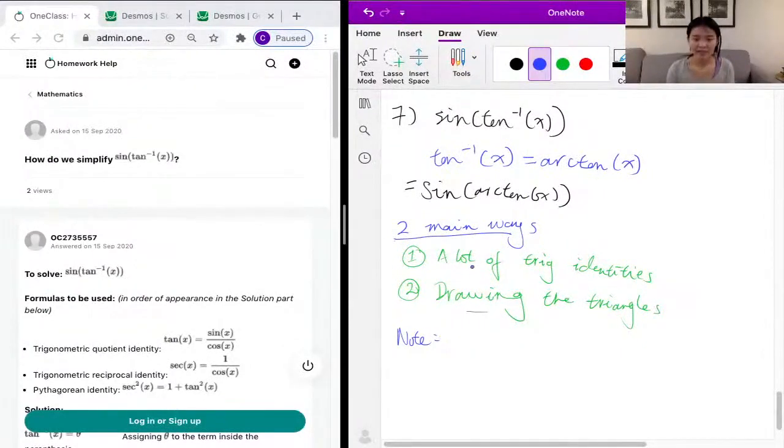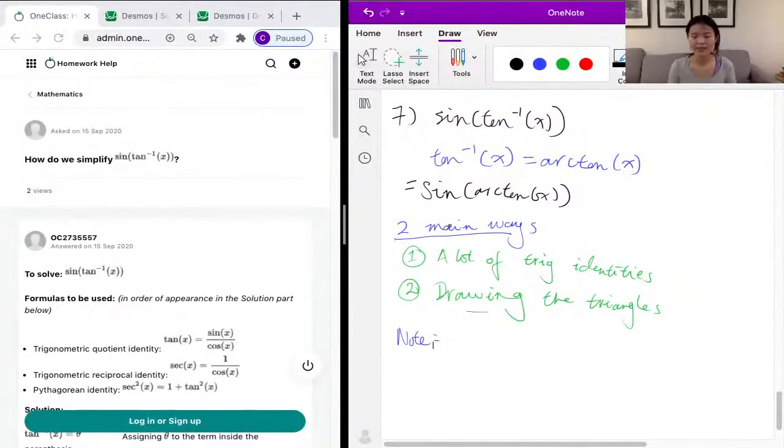So the output of sine, cosine, and tangent is the input of arcsine, arccosine, and arctangent of x.